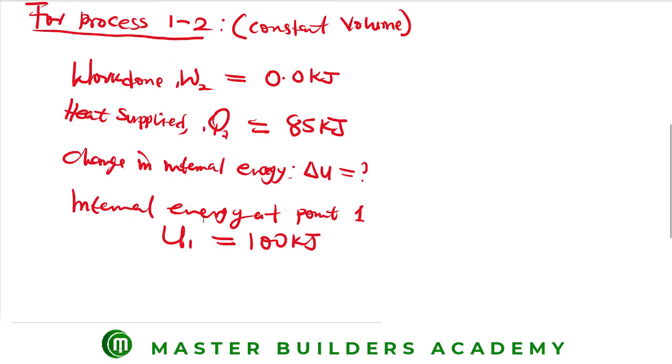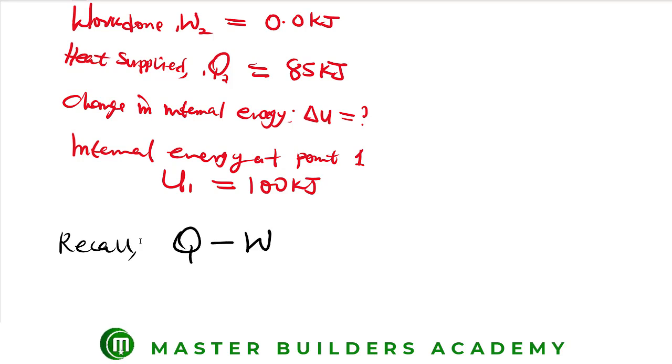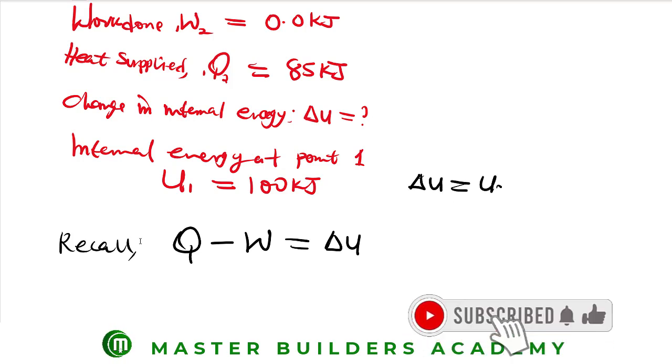All we just need to do now is to recall the first law of thermodynamics. That equation states that Q minus W is equal to the change in internal energy. But don't forget that change in internal energy is always equal to U2 minus U1.